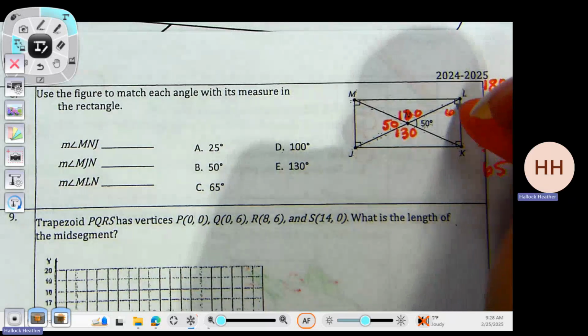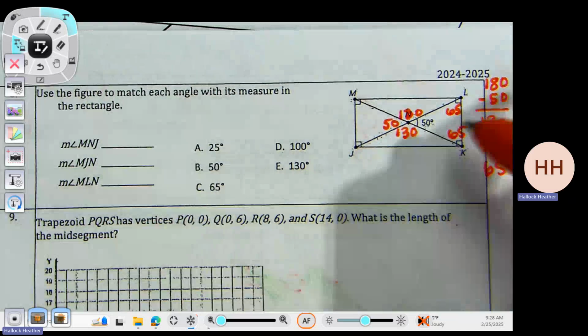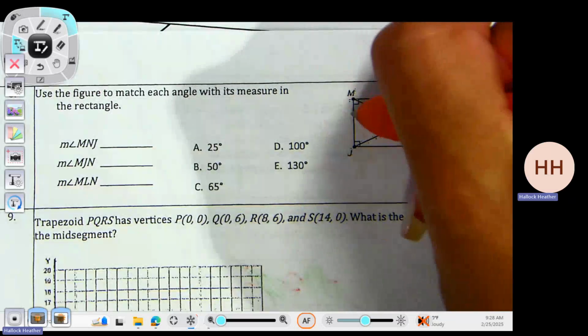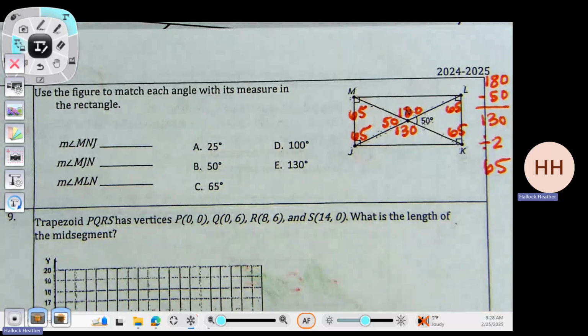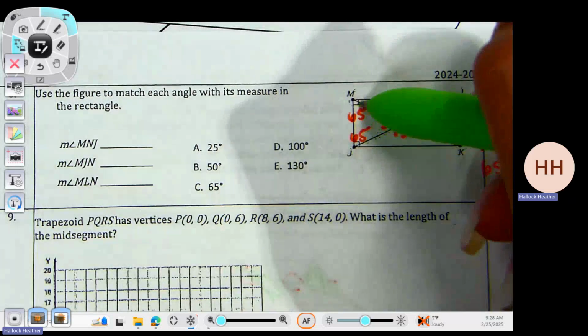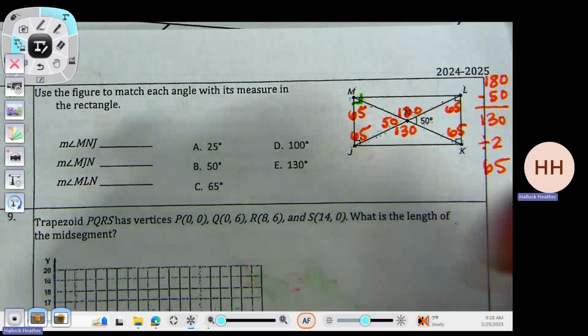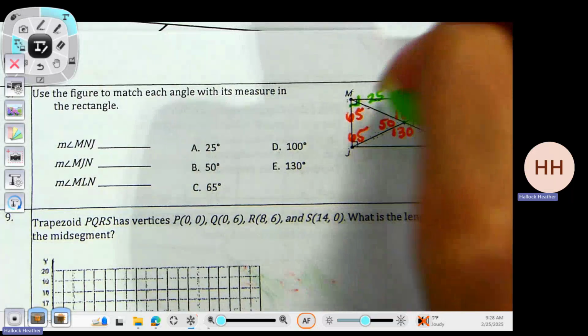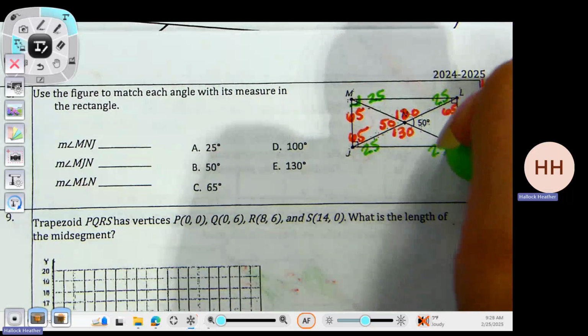So each angle here and here is 65 and 65. 65 can also go on the other side because they're congruent triangles. And now I need to find right next to it. This is a right angle, this is 90. So I'm taking 65 and minusing it from 90, which gets 25. So 25 can go here, here, here, and here.